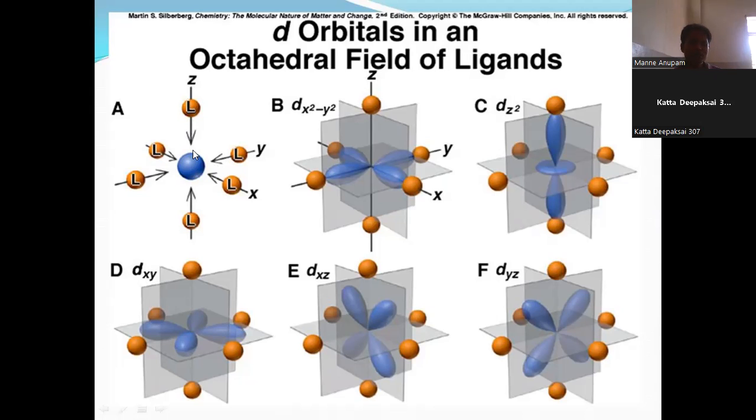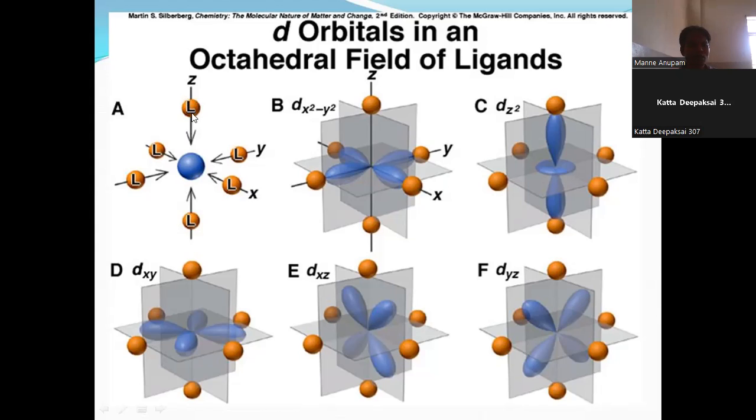But the problem is now metal has electrons present in it, and the ligand has electrons. So the negatively charged electrons in the metal and the negatively charged electrons of the ligand have some kind of repulsion. Because of these repulsions, there is an increase in energy of some orbitals and a decrease in energy of some other orbitals. Attraction is the positive metal ion and negative ligand attraction.